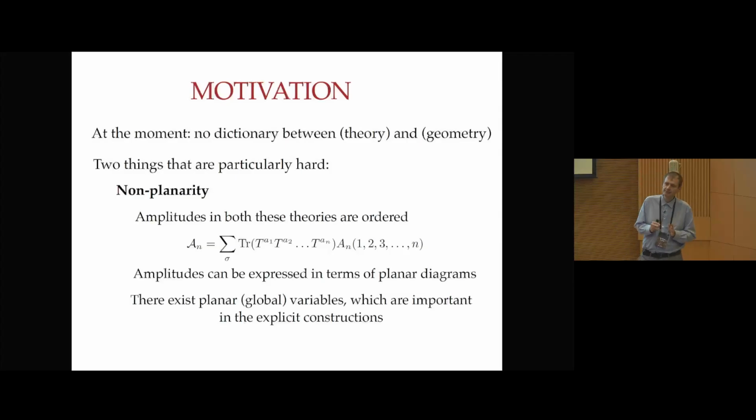And this is very important because the amplitude is then a sum of planar diagrams, we can use planar global variables, and we can really talk about the loop integrand as one object, as a sum of all contributions, which has some unique labels. While if you lose planarity, there is always a problem with labels, what type of labels you use, and what it even means to talk about the integrand.